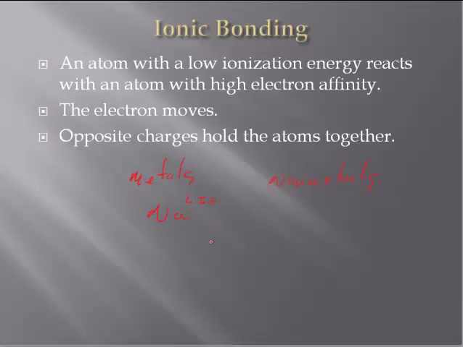In other words, it's easy to remove an electron to make a positive ion. And then nonmetals like chlorine tend to have a high electron affinity, and so they want electrons. And so what happens is that an electron from here will go to there, and now we've got these opposite charges, and of course that brings them together. And that's what ionic bonding is in a very simple review.